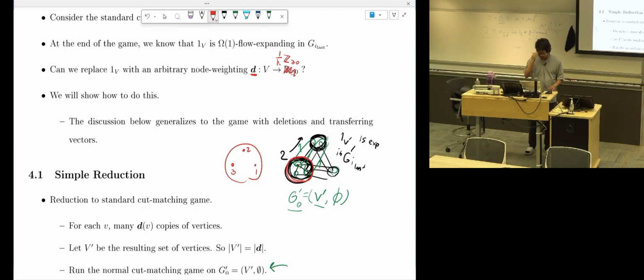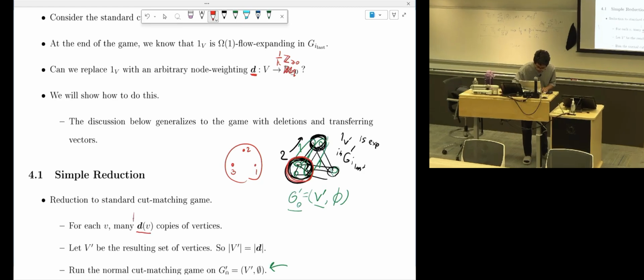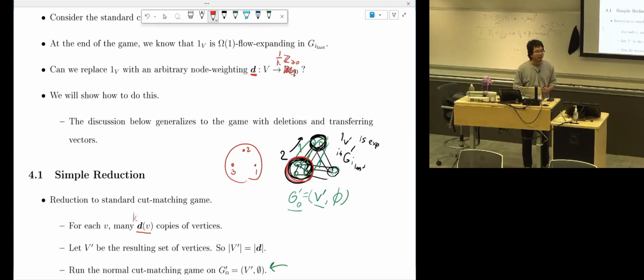Then what we can do is, instead of d_v copies, we make k times d_v copies, just so that everything becomes integral again, and then you scale it down.